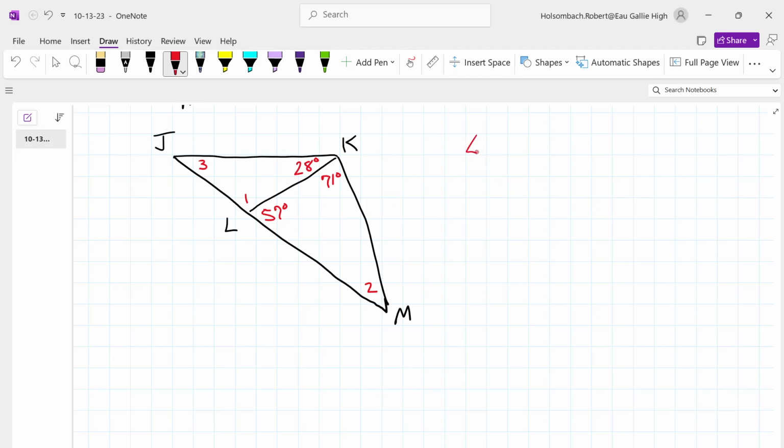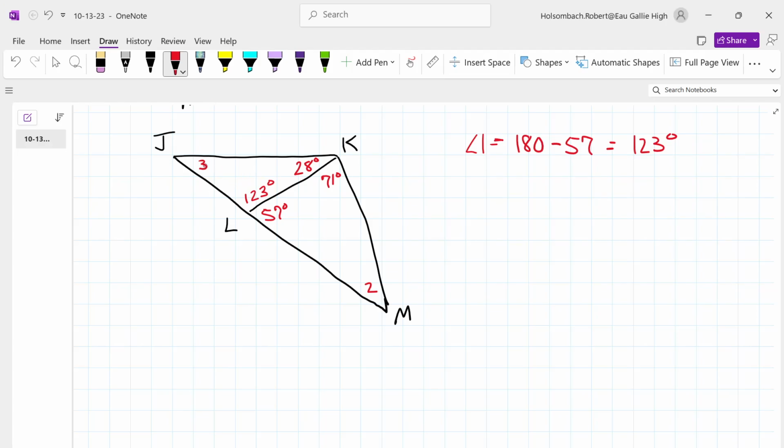So angle 1 is equal to 180 minus 57, which is 123 degrees. All right, so we know angle 1 now is 123 degrees.